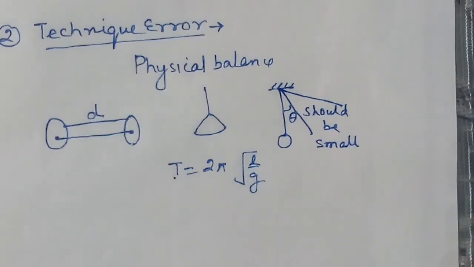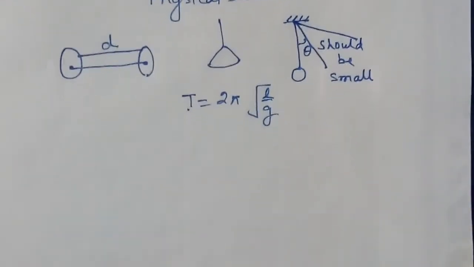That is against the assumption which we have made in deriving the formula. So we are not using the perfect technique. So the error that arises because of this is classified under technical error.